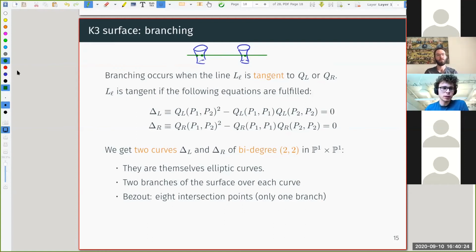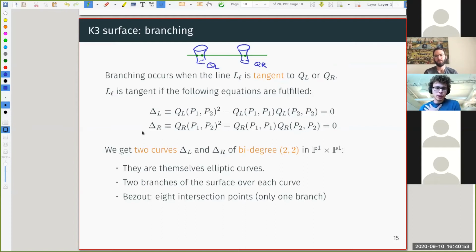So in particular, let's say it's tangent to the left quadric, then there are only going to be two choices left here. And so we can compute when this happens, and we get these 2 equations. For example, if the first equation is fulfilled, then this green line is going to be tangent to this QL, and if the second one is fulfilled, it's going to be tangent to this QR.